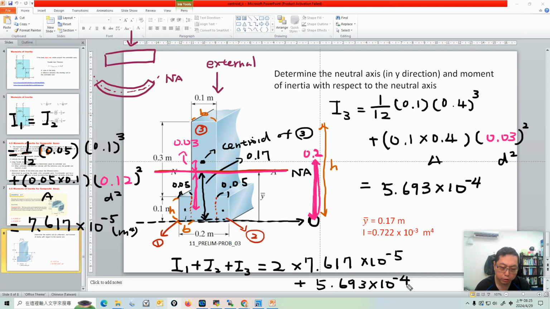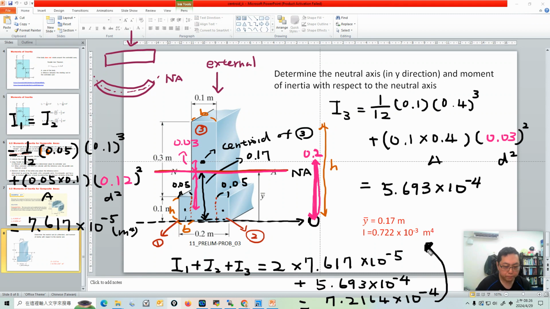So let me check: 2 times 7.617 times 10 to the power minus 5, plus 5.693 times 10 to the power minus 4. Yeah, the correct answer is 7.2164 times 10 to the power minus 4. I think it's the same answer as the textbook.